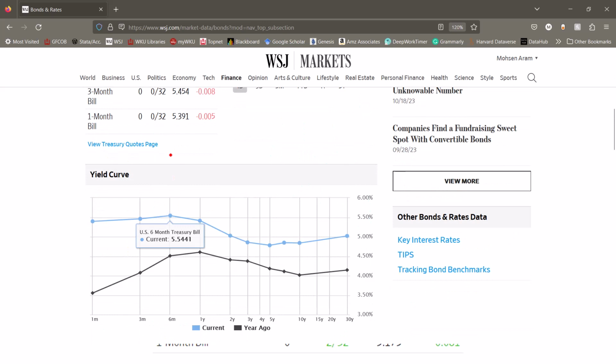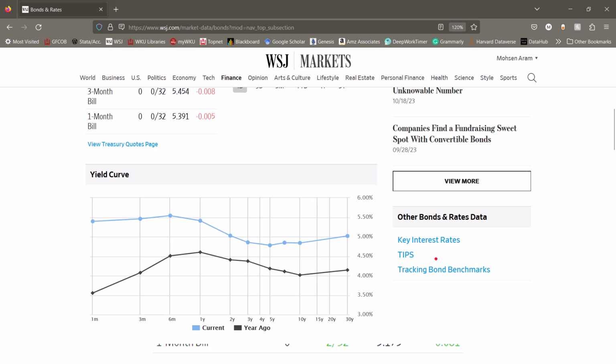The graphical representation of that is called a yield curve. As you can see, the blue one is the current yield curve, and the black one shows a yield curve a year from today. One thing you need to know about these yield curves, or the term structure of interest rate, is that they change every day, depending, for example, on the demand and supply for US Treasuries, on the policies of the Federal Reserve, and a lot of other factors, right?